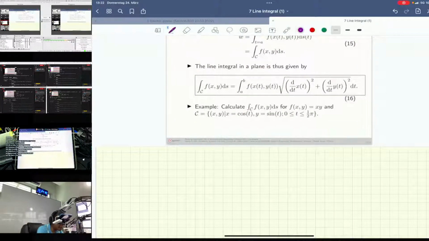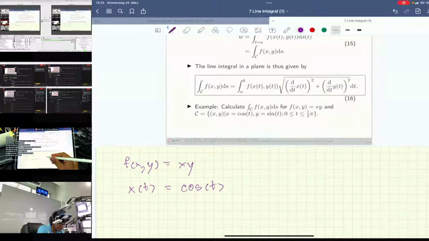Of course, you know that f(x,y) is equal to x times y, right? And they have given x(t) as cosine t.